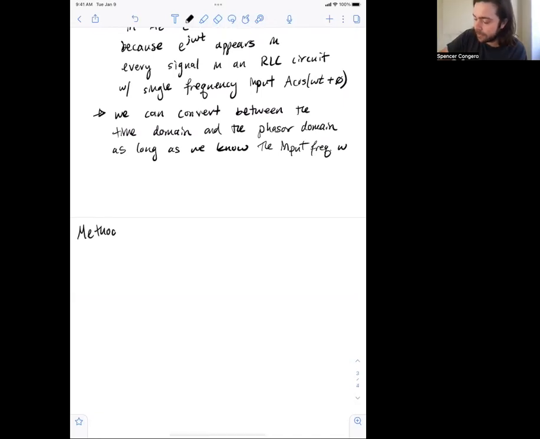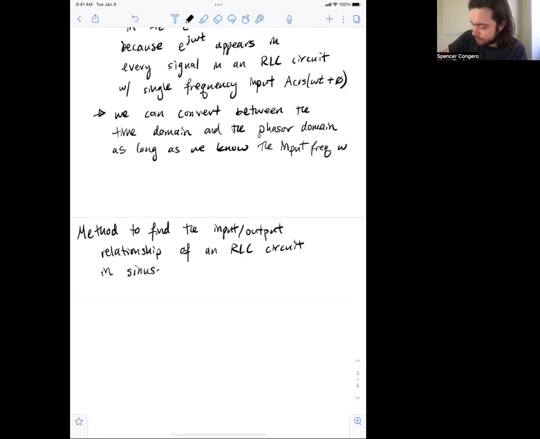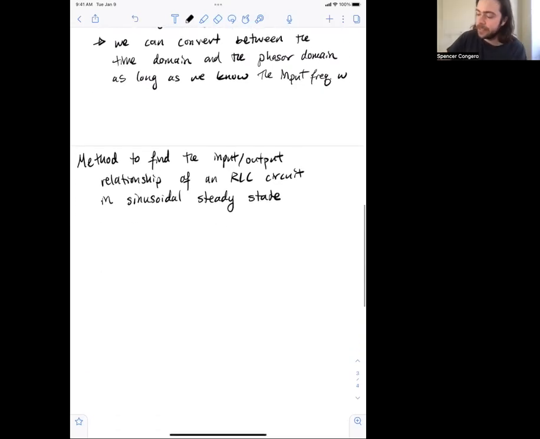Okay, so right now I'm going to talk about the method to find the input output relationship of an RLC circuit in sinusoidal steady state. Like I said, we're going to have our box here and we're going to take this to be an RLC circuit.